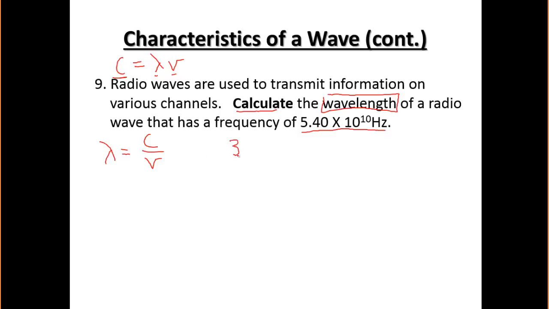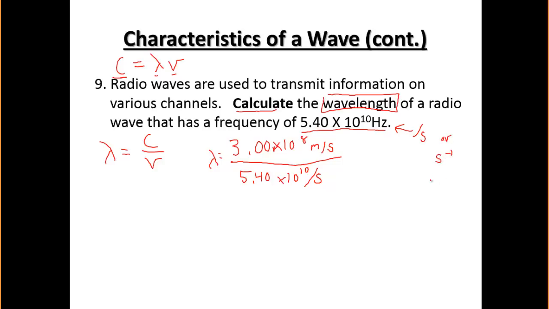We know the speed of light, 3.0 times 10 to the 8th meters per second, and we know our frequency, 5.40 times 10 to the 10th hertz. Remember, we said that hertz could be written as per seconds or seconds to the -1. The reason we show that is that our units can cancel our units.